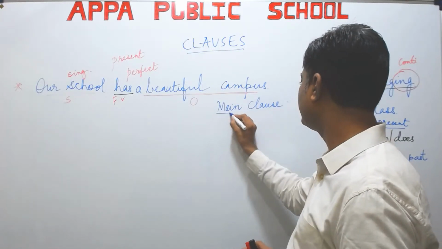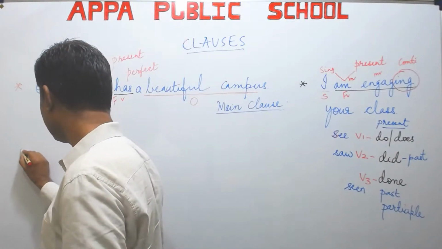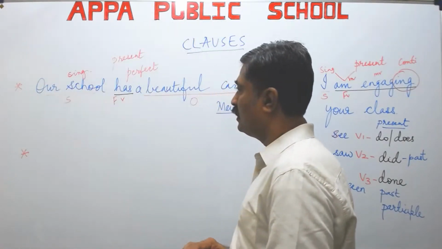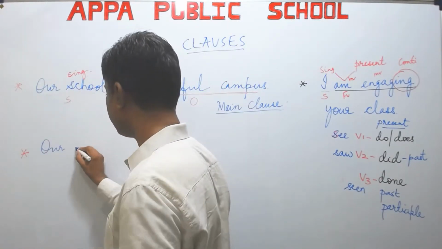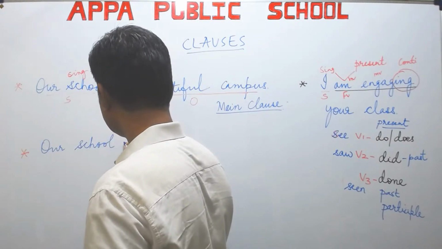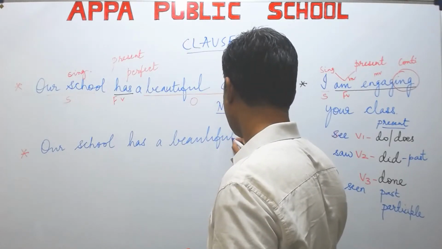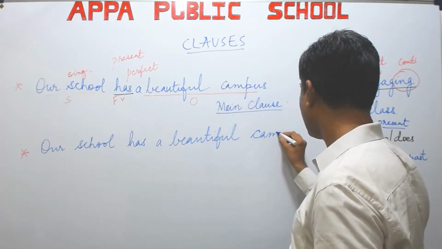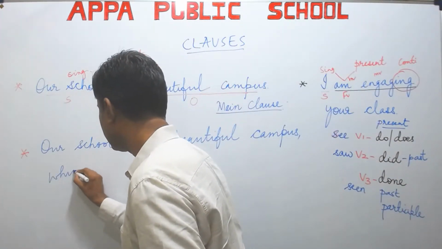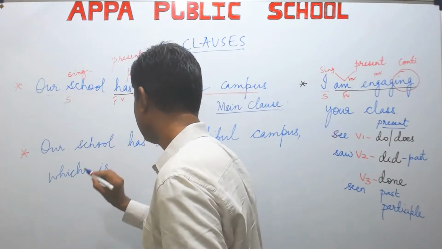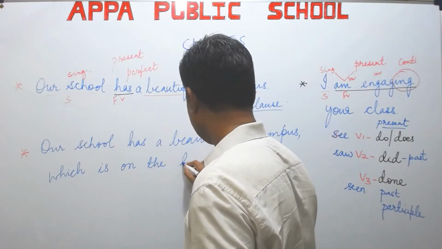So this sentence. Okay, so let me take another example now. Our school, I'll try going with the same example. Our school has a beautiful campus which is on the lakeside.